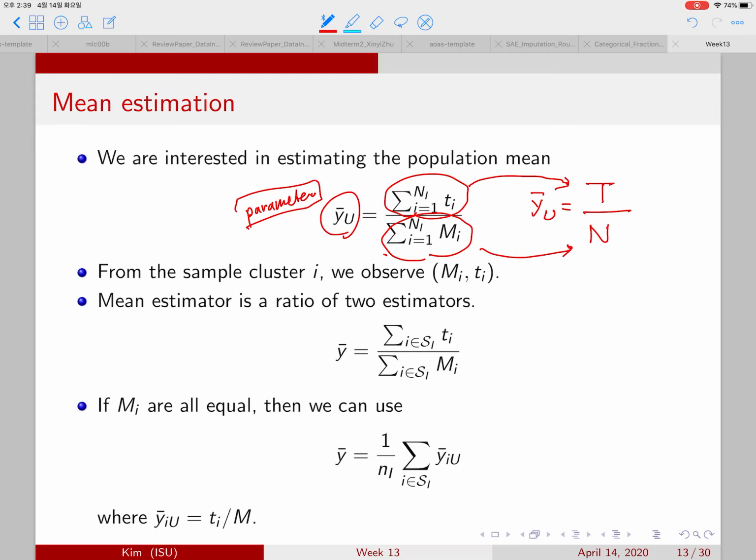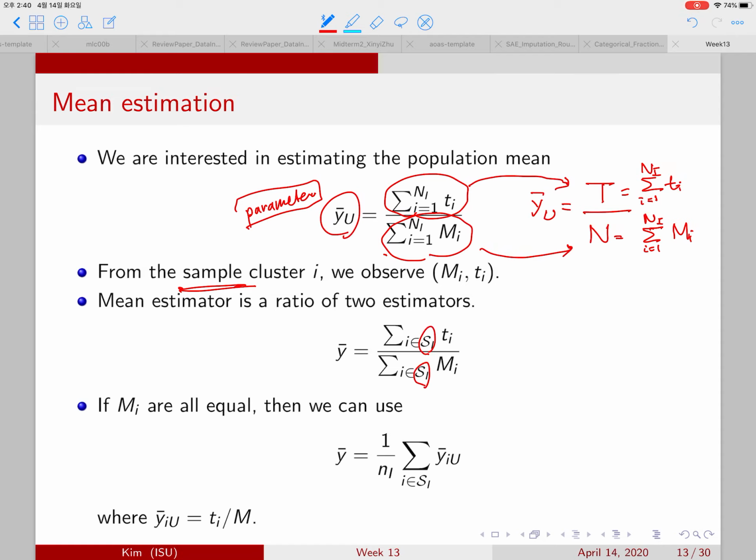And from the sample, so this one is for the whole population of the t_i, right? This is the whole population of the clusters, M_i. Instead of the whole population, we only have a sample of clusters. So the summation here is not at the population level, but at the sample level.